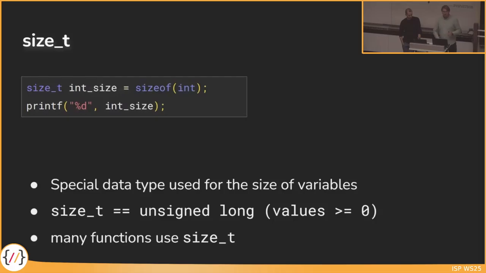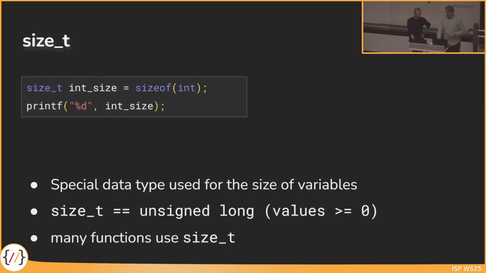It's commonly used in different functions. For example, you have already used the sizeof operator, but also, for example, strlen and many other functions that we will discuss today use size_t, because size_t guarantees that the value cannot be negative. So a negative value for strlen would be weird, I would say.